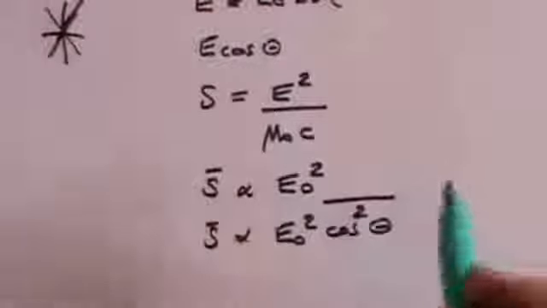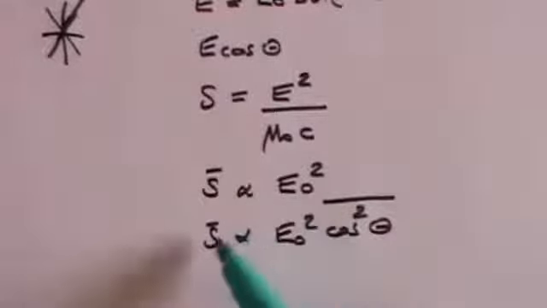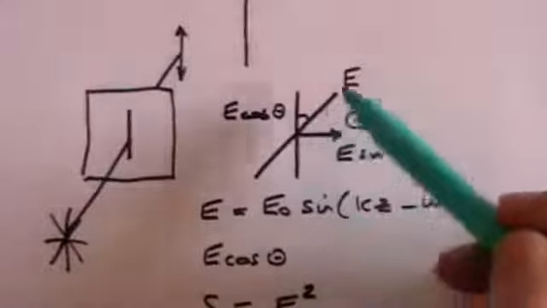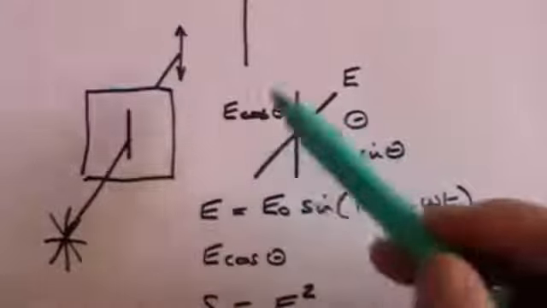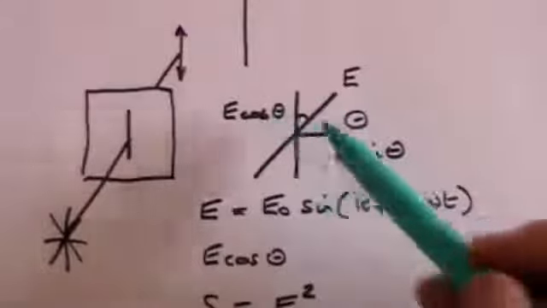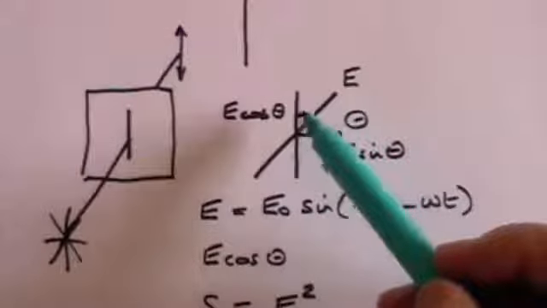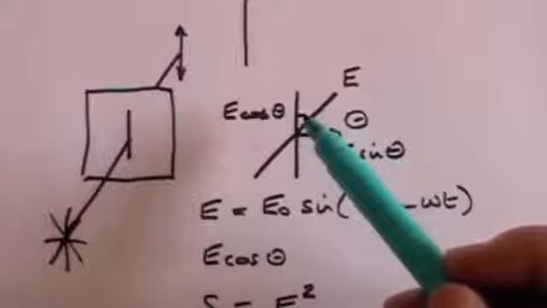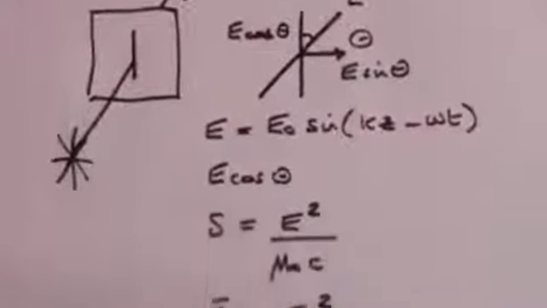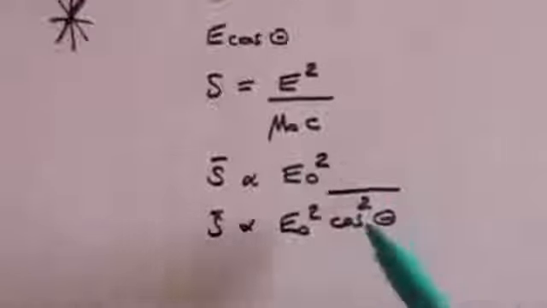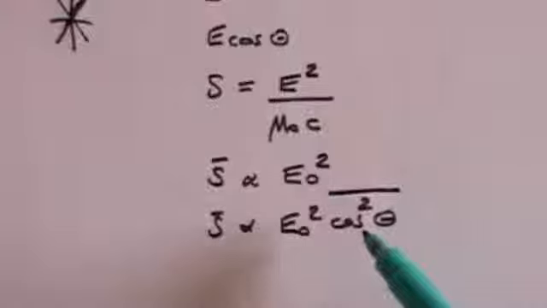But this is going to be an average term because we're talking about the average value of the pointing vector. Remember that this is just one of the E fields that we were considering. The E field is oscillating in all directions, and for each one you have to take the cosine of theta for that particular oscillating E field. So when you get to here, you're talking about the average value of cosine theta squared.